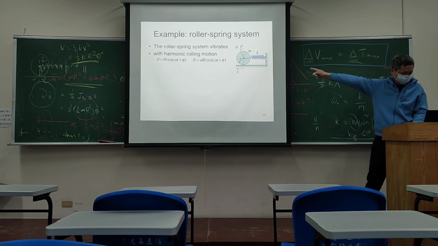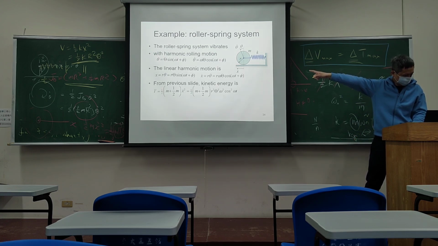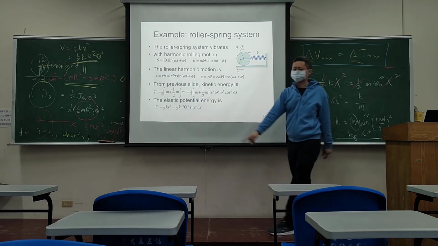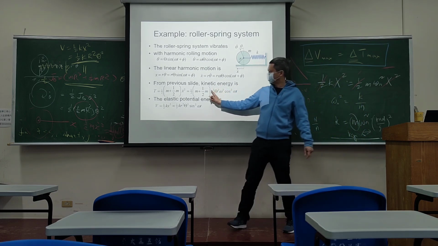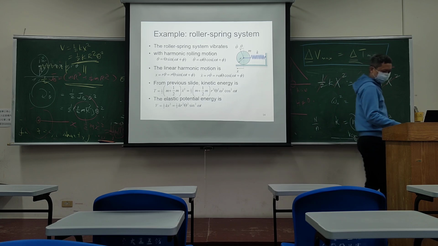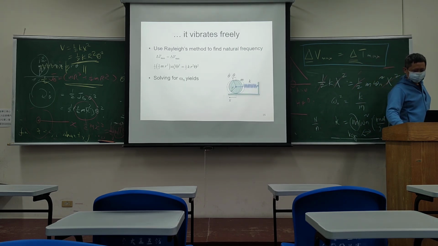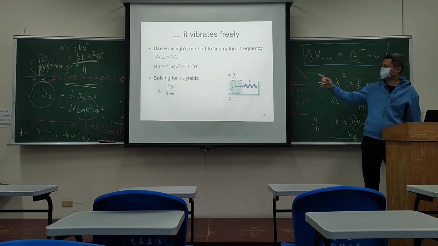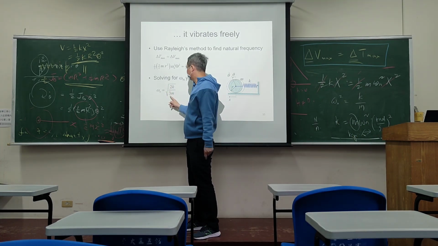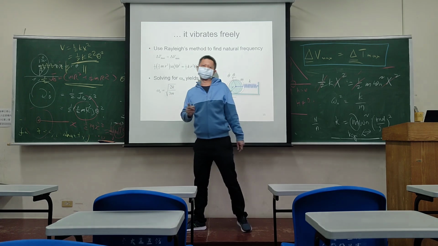But if you now hitch onto the spring, okay, because of this extra elastic potential energy, you equate the change of the kinetic energy to the change of the potential energy. Okay? Then you can find out my natural frequency is 2/3 times k over m.